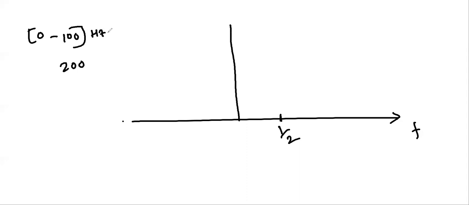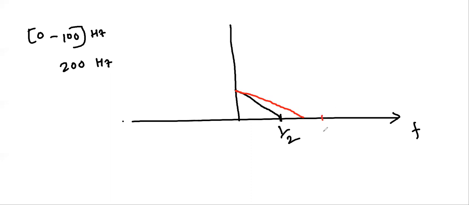So this is in hertz. Your sampling frequency, the minimum, should be 200 hertz to restrict the response between 0 to half. If it is more than half, then it actually folds back, as it has been done in the last case.